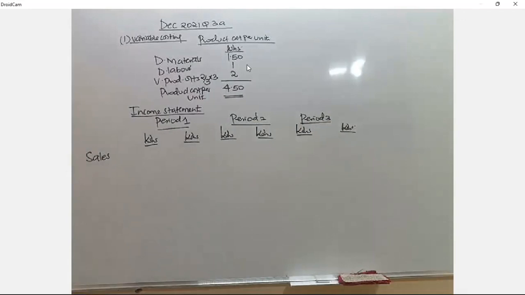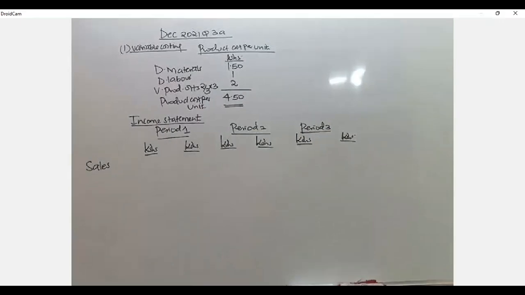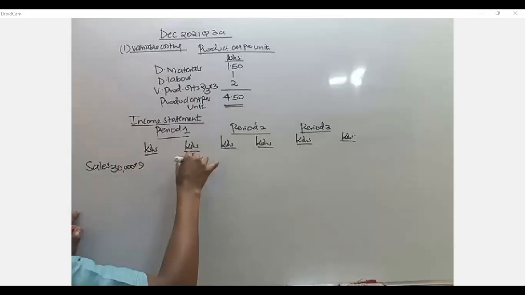When I look at my sales, the examiner has given you sales in kgs. For the first period, we are given 30,000. I multiply by the selling price per unit, which I can see under additional note number 2 is 9 shillings. So the first one will be 270,000.